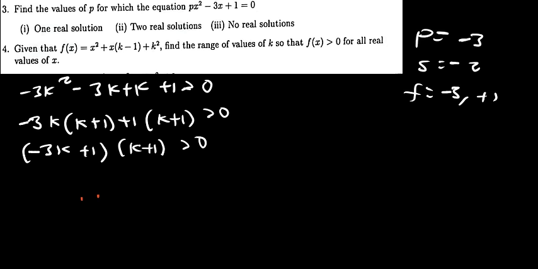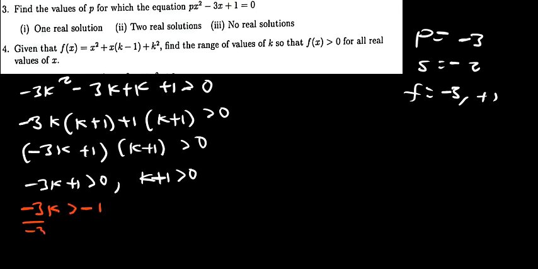Now we are trying to find the values. So we have negative 3k plus 1 greater than 0 and k plus 1 greater than 0 as well. Now we have negative 3k, shift 1 to the other side, negative 1, divide both sides by negative 3. K will be greater than... the sign is going to change because we have divided by a negative.